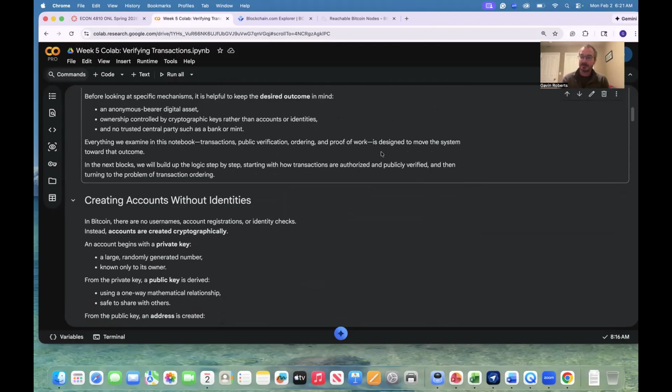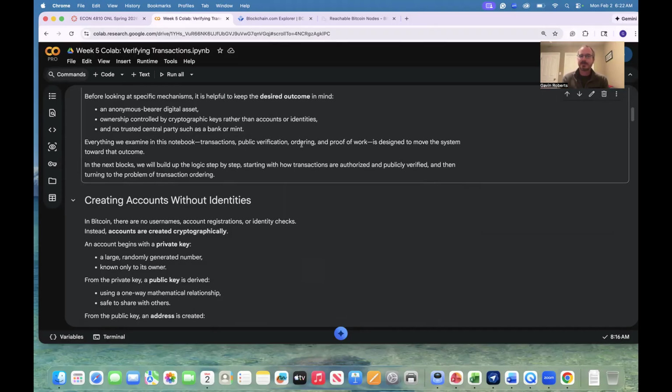So what are the outcomes that we want in a cryptocurrency system? Well, we want an anonymous bearer digital asset. An anonymous bearer asset is like cash or coins because there's no connection to identity. But as we've discussed, getting that in the digital world might be more difficult. We've built some cryptographic tools that will likely help us get there, but one of the outcomes we desire is an anonymous bearer digital asset.